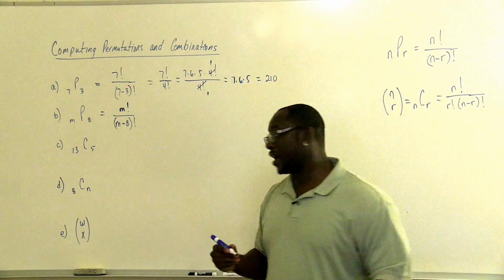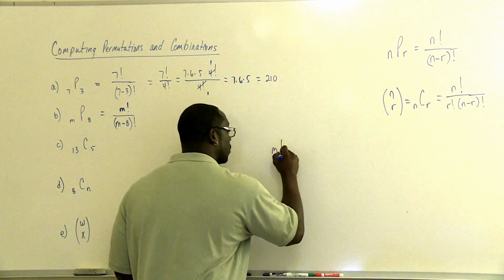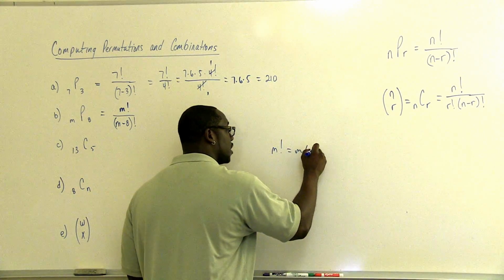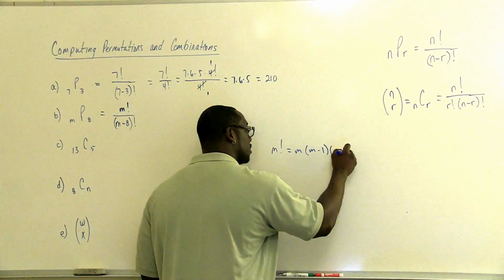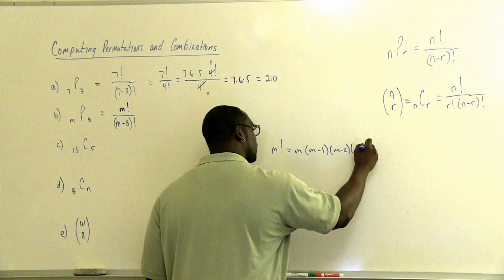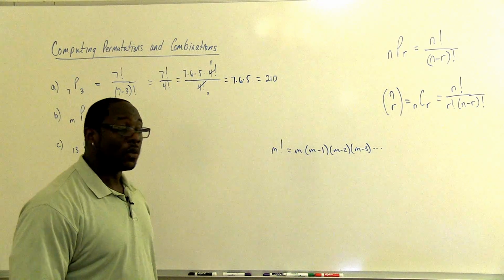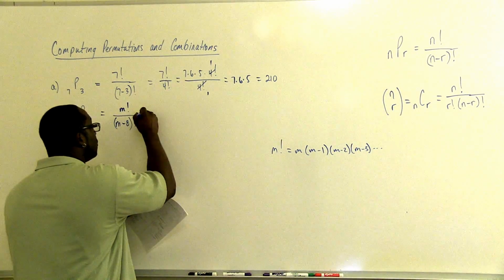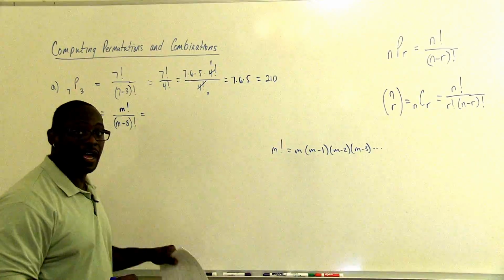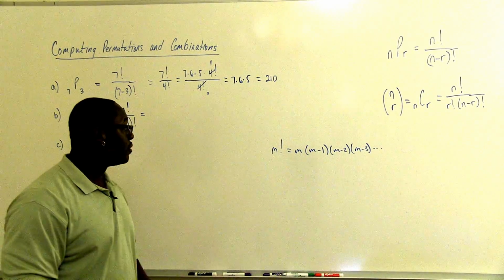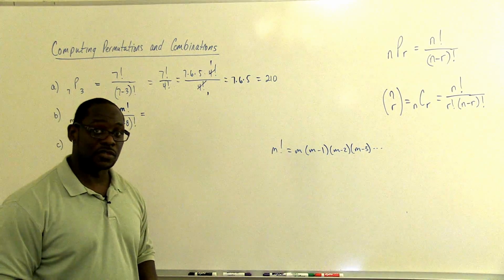Remember that m factorial is the same as m times m minus 1 times m minus 2 times m minus 3, and so on and so forth. Noting that, what we can do here is write out m factorial until we get to m minus 8 factorial, which is right there.